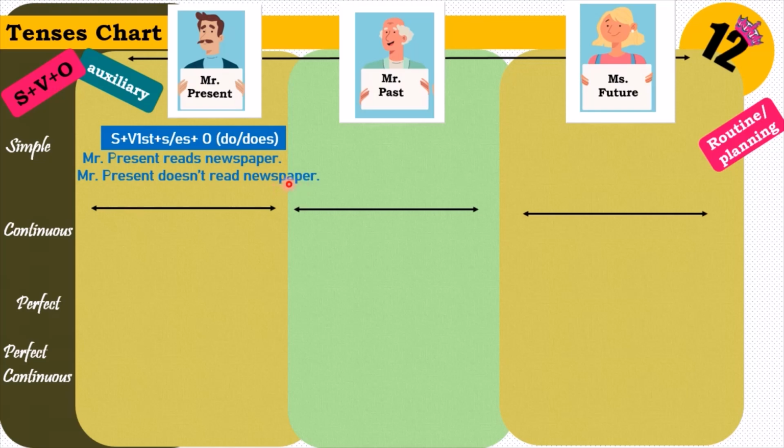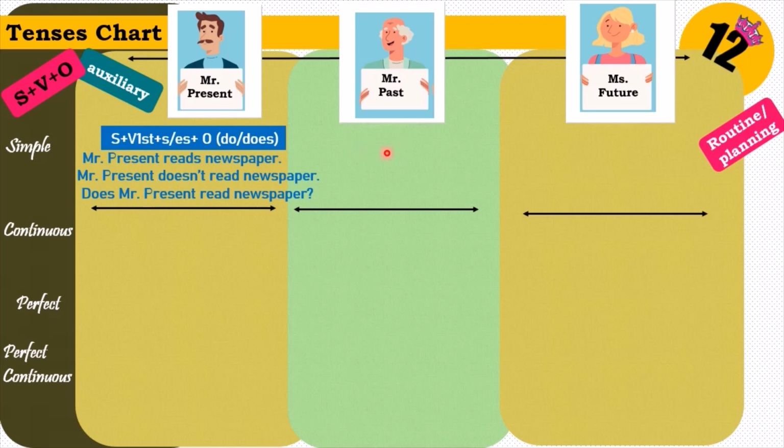The s is shifted with do, making it does, and with the addition of not, it has turned out to be a negative sentence. Mr. Present doesn't read newspaper, and we can make it an interrogative sentence. Does Mr. Present read newspaper? So in this sentence, the does is shifted to the initial position.